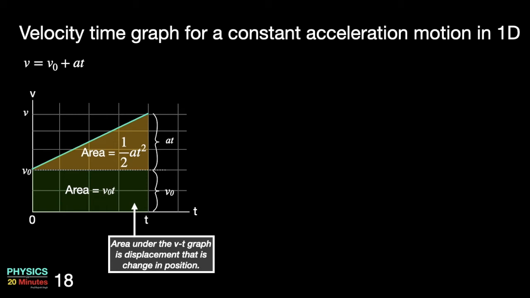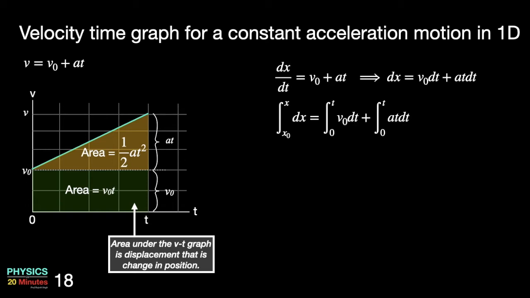We know that v is equal to v0 plus at, but v is the derivative of position with respect to time. So v is dx by dt, which is equal to v0 plus at. Therefore dx is equal to v0 dt plus at dt. We can integrate this and we get the answer as x minus x0 is equal to v0t plus half at square. x minus x0 is nothing but the change in position, which is displacement.